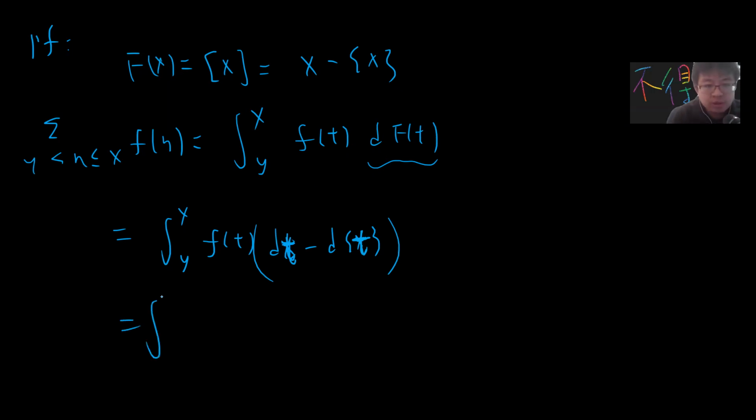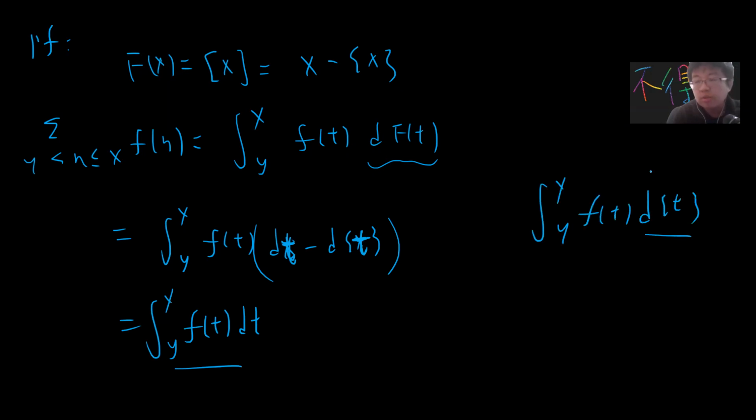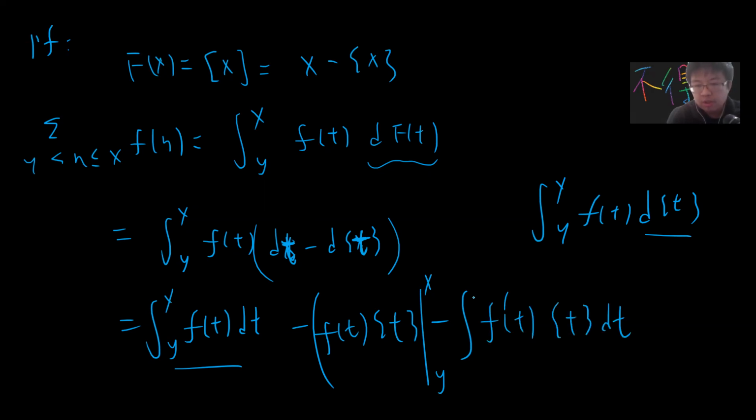The first term is what I want, and for the second term, the integral of f of t times d of the fractional part, I can use integration by parts. I get f of t times the fractional part, minus the integral of the fractional part times the derivative f prime of t dt. You can just expand it out and then you get the answer.